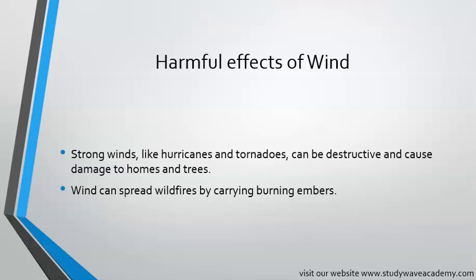We need air to breathe because it contains oxygen. It also helps plants grow and keeps our planet comfortable. We also talked about the wind. Wind is moving air which can be strong or gentle. It's caused by difference in air pressure and temperature.